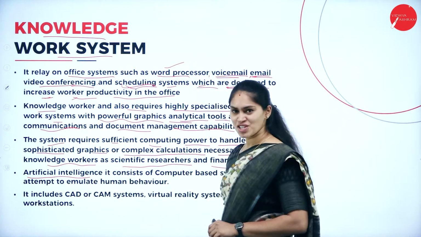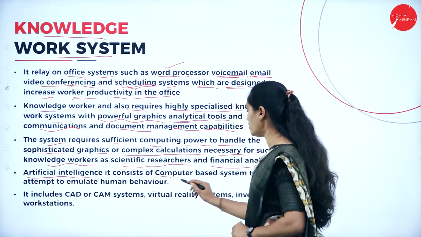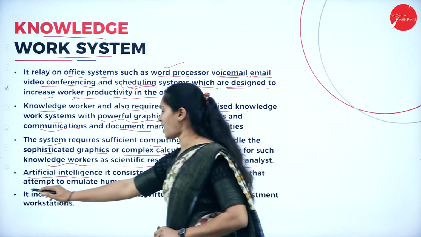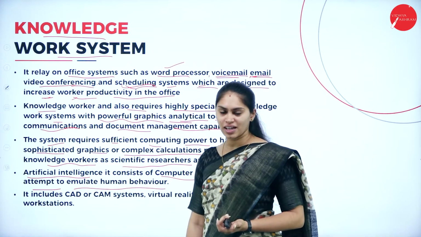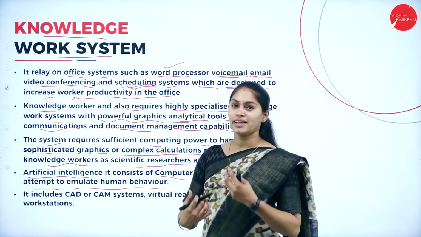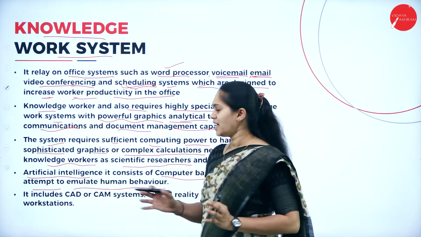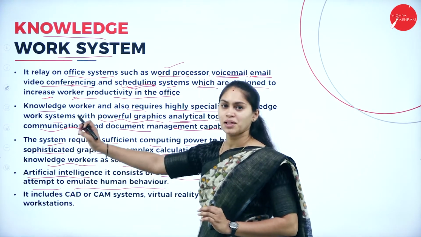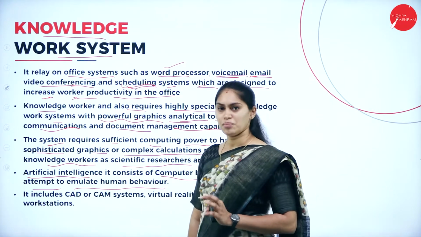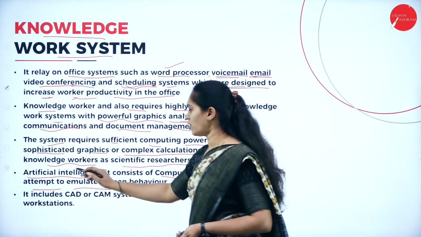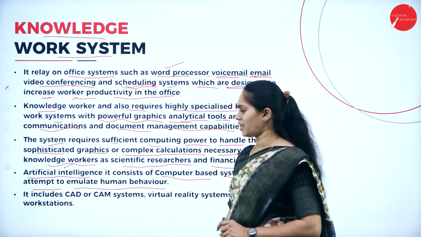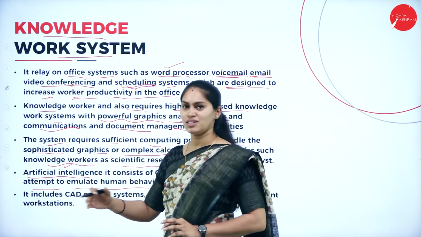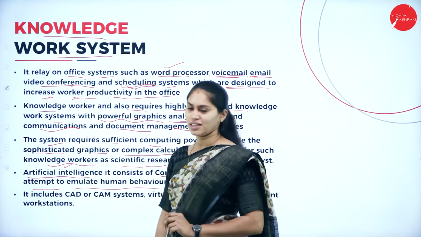So artificial intelligence consists of computer based systems that attempt to emulate human behavior, how humans think, what their tastes, strengths and weaknesses are. In the same way, everything needs to be developed and integrated into the computer system, which is termed artificial intelligence. We are making a system more active than the human in order to reduce the working burden of the human.